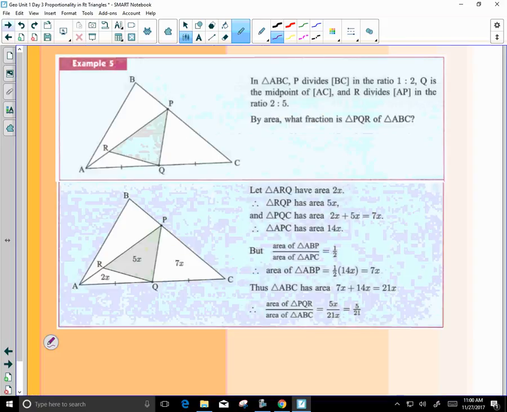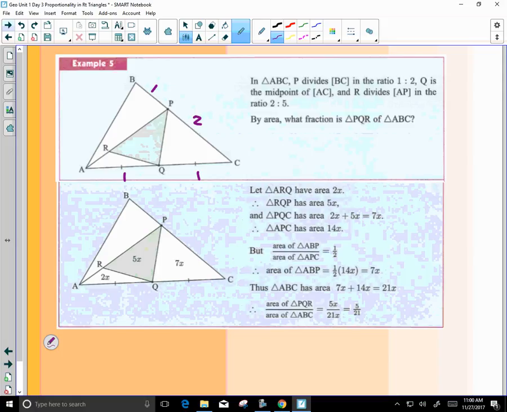So with that in mind, we're going to get to these problems, and these are going to bend your mind a little bit. It says in triangle ABC, P divides BC into a ratio of 1 to 2. Would you write that in? And Q is the midpoint of AC, so that means this is 1 to 1.